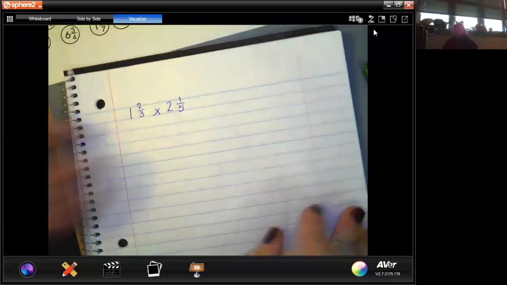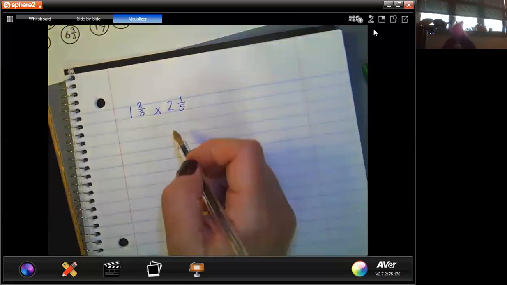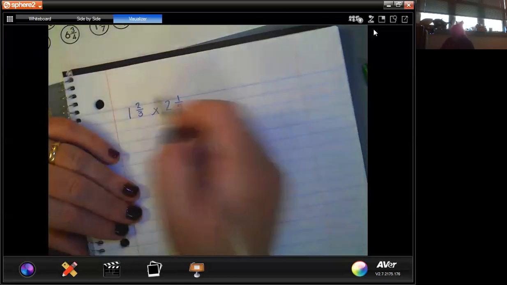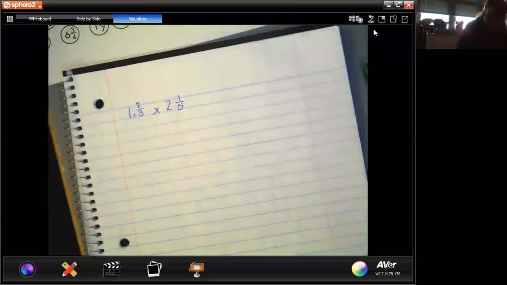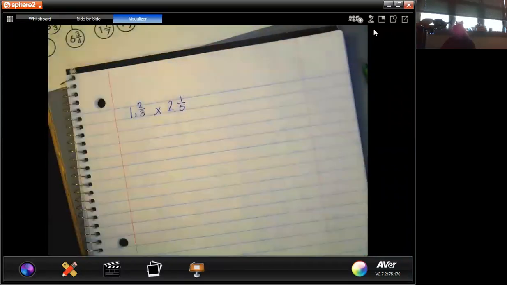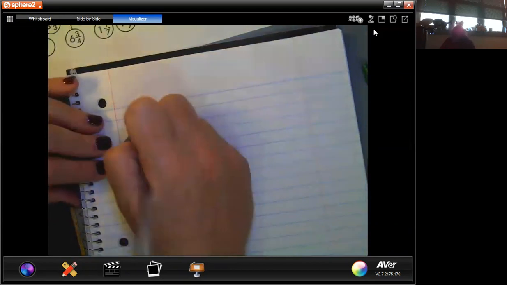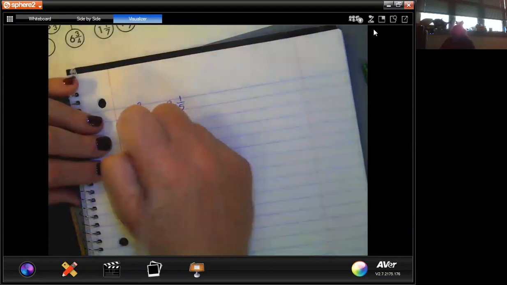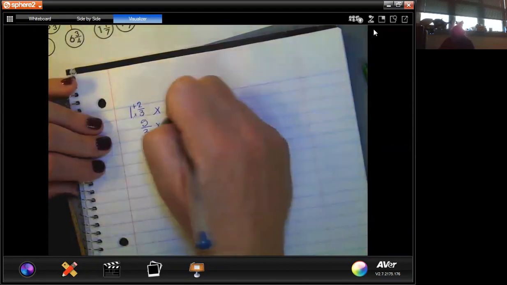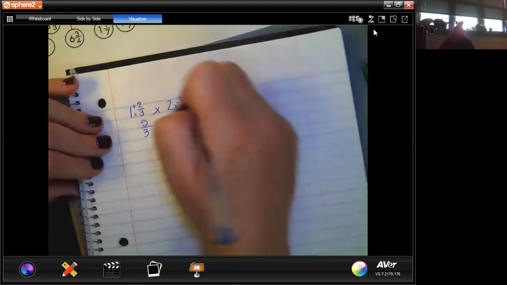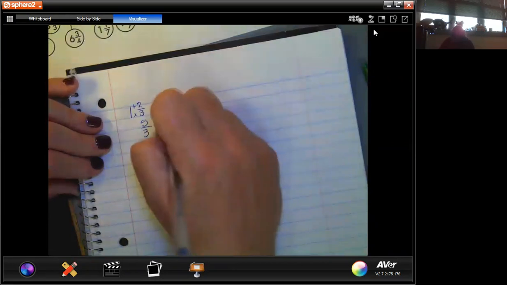To multiply mixed numbers, first, change them into improper fractions. We multiply, then add. So 3 times 1 is 3 plus 2. This becomes 5/3. Over here, 5 times 2 is 10 plus 1 is 11/5.